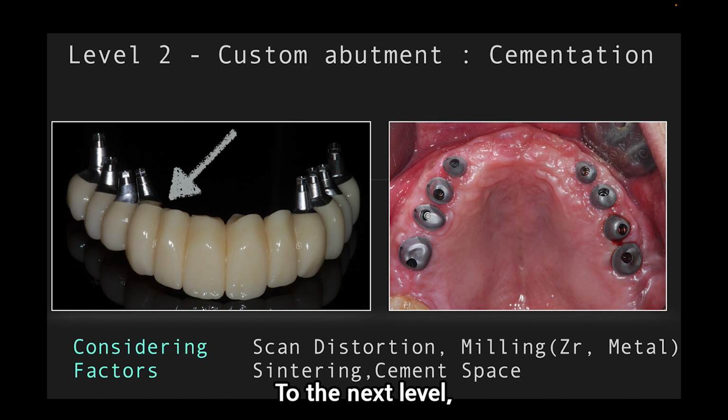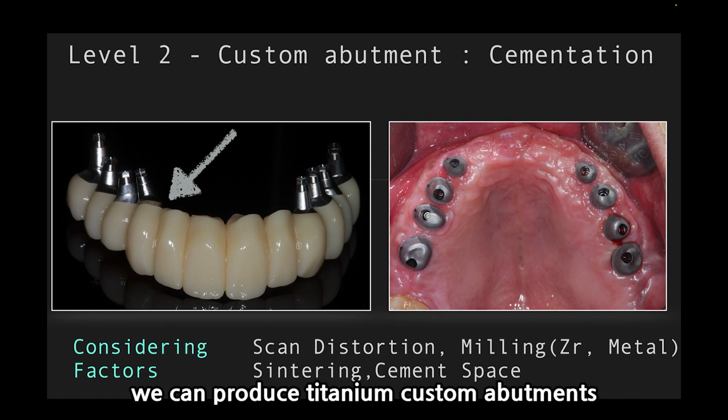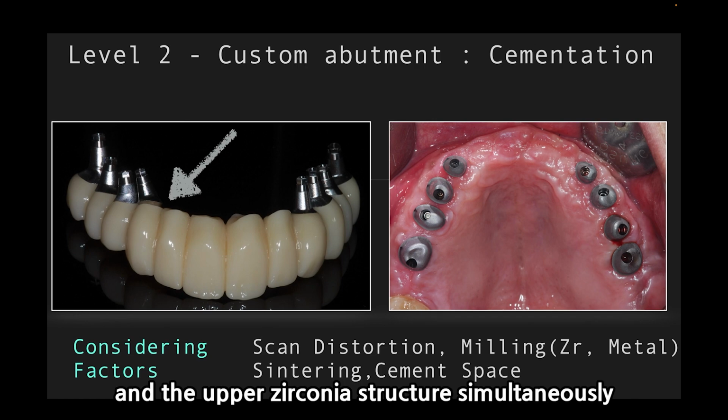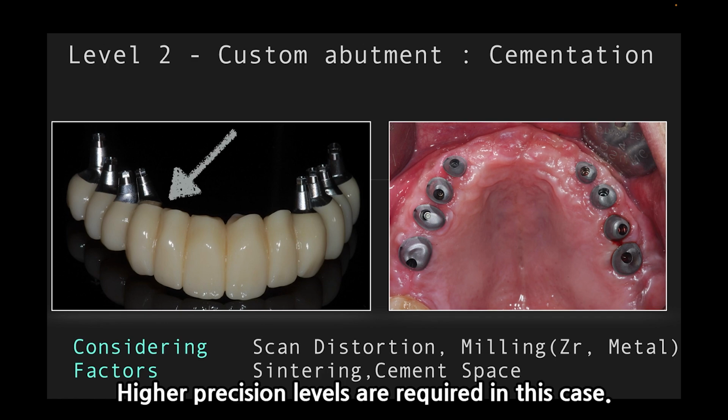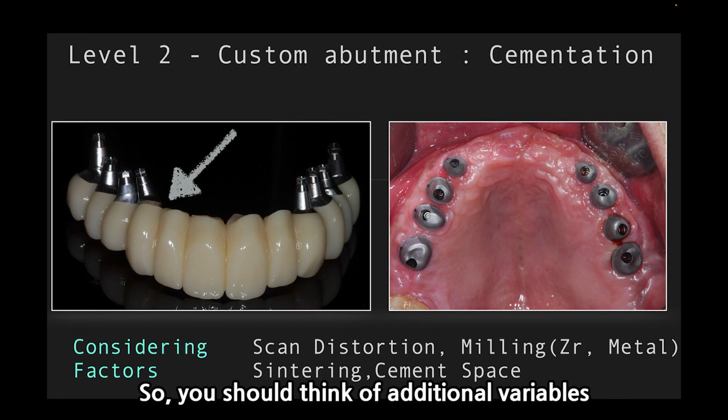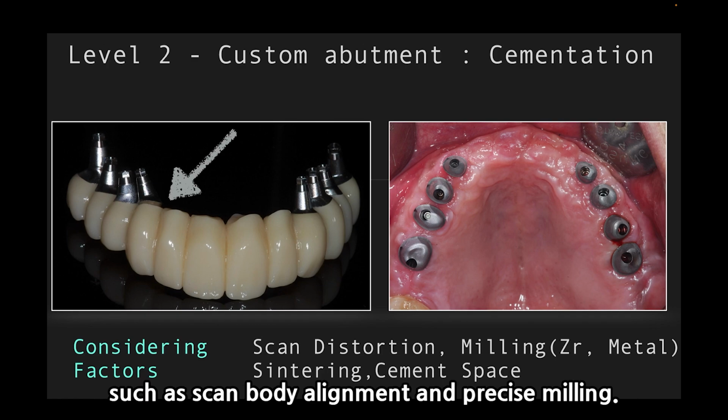To the next level, we can produce titanium custom abutment and the opposing structure simultaneously using scan body. Higher precision levels are required in this case, so you should think of additional variables such as scan body alignment and precision milling.